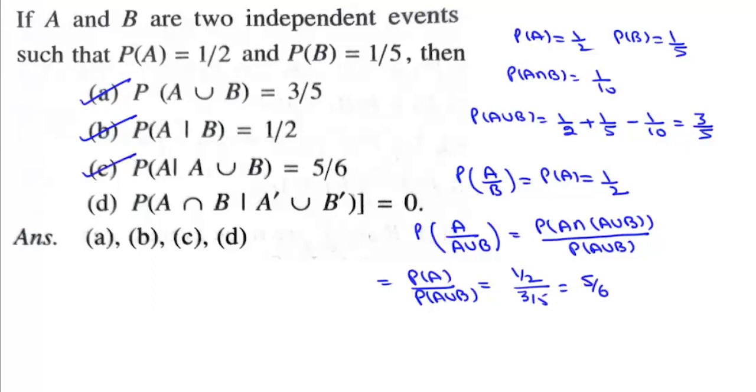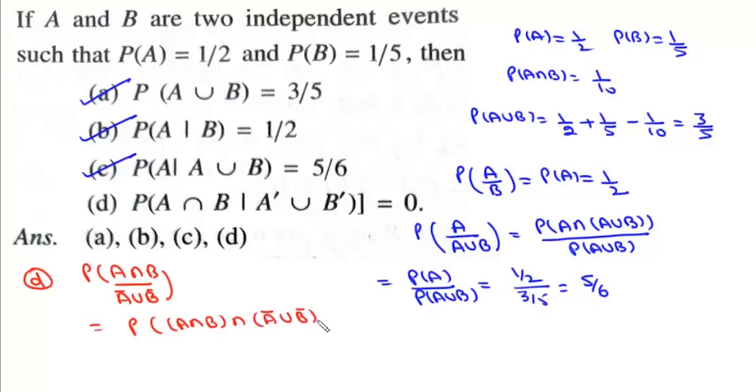Now if we look at option D, then in option D we have probability of A intersection B upon A naught union B naught. Now this is probability of A intersection B intersection A naught union B naught upon probability of A naught union B naught.